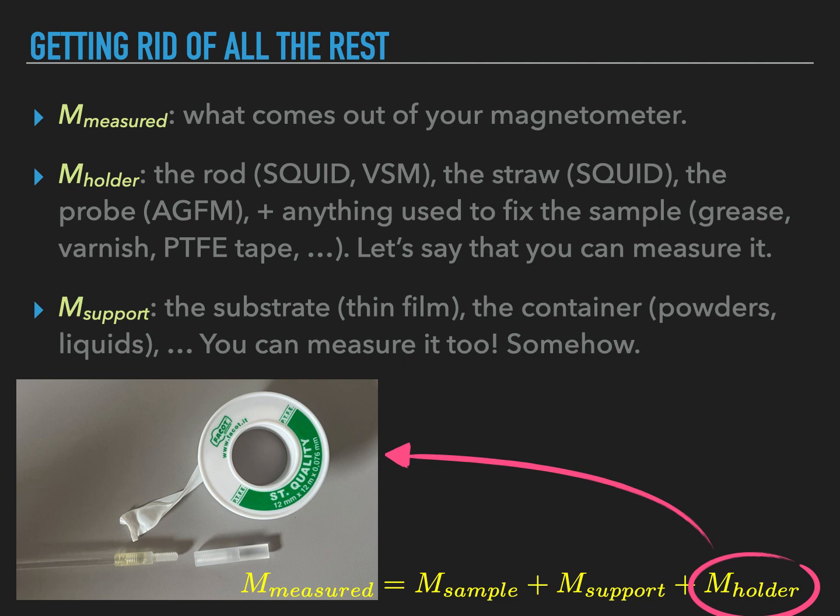In the case of an AGFM, it is its probe, etc. Any object that mechanically connects the sample to the vibrating head in case of a VSM or to the piezoelectric transducer in case of an AGFM is the holder. It has a signal as well, and so also the signal of the holder must be measured independently.